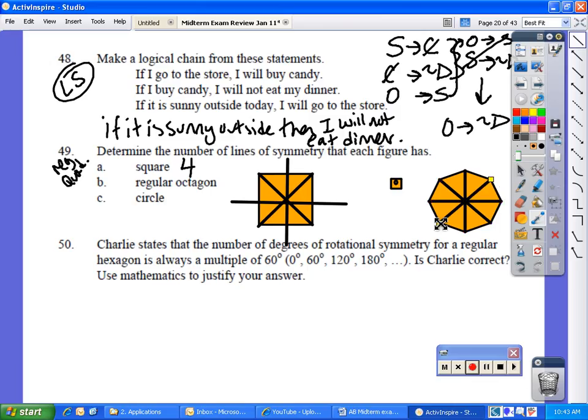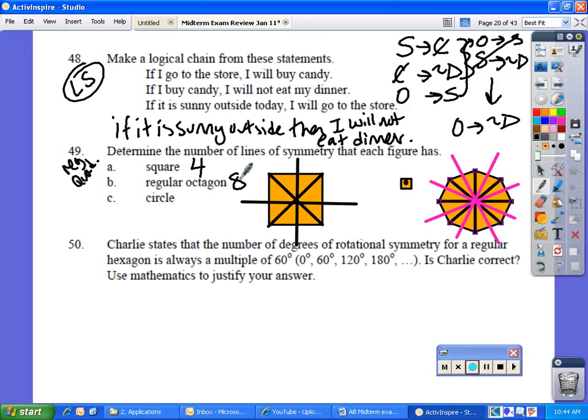And we might think we're done, but we can go ahead and add some other ones, some completely different ones. We can go right through the middle. So that gives us another 1, 2, 3, 4. So now if we look at it, we have 4 black lines and 4 pink lines. We have 8 lines for this one.